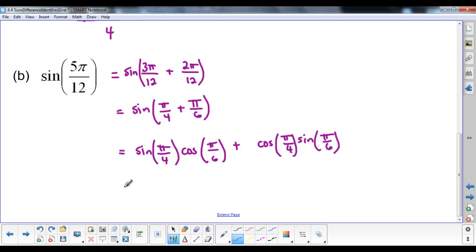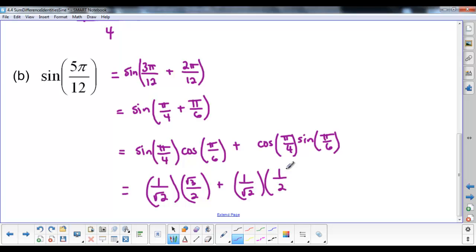Again, take what you know about your special triangles. Sine of pi by 4 ends up being 1 over root 2. Cos of pi by 6 is root 3 over 2. Cos of pi by 4. And then sine of pi by 6.